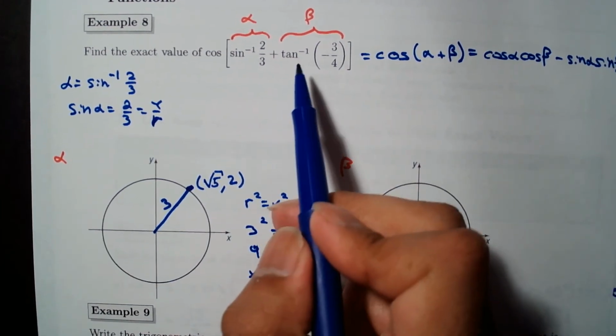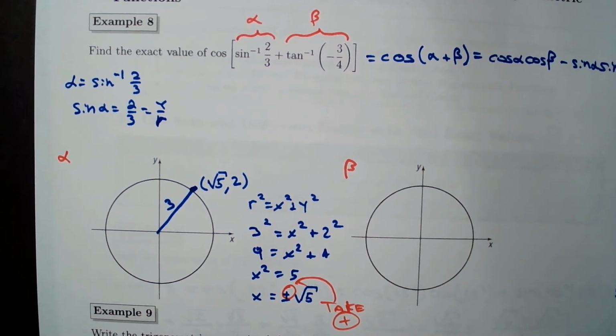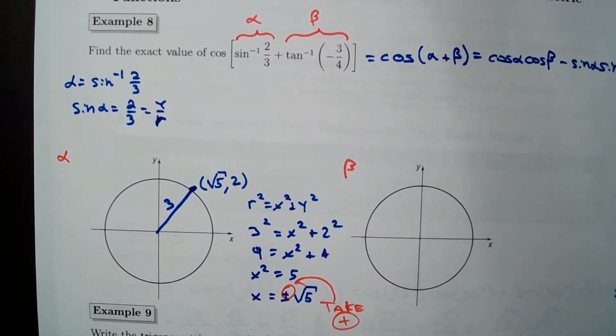Well, inverse tangent of theta. In this case we have a negative value, and we need to be very, very careful about the range for tangent. Where is inverse tangent defined? Keep in mind that inverse tangent only lies between negative pi over 2 and pi over 2.